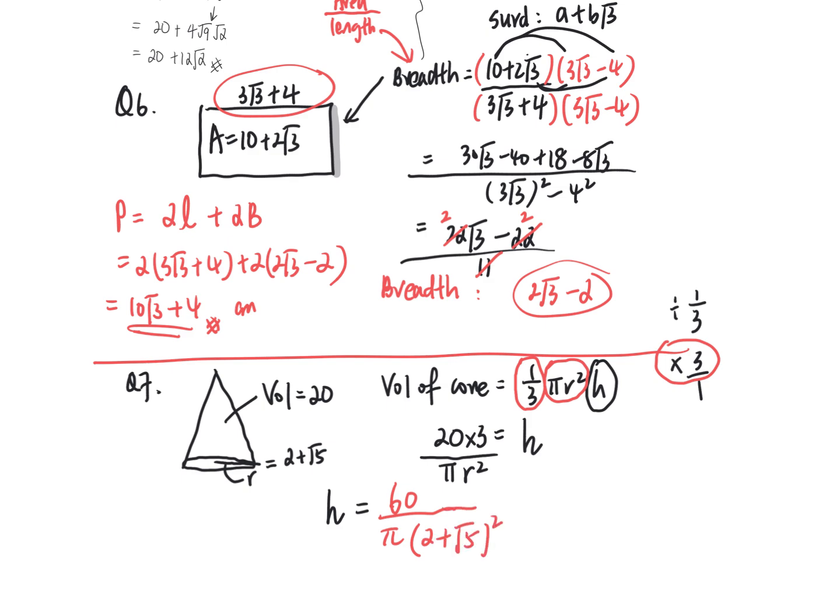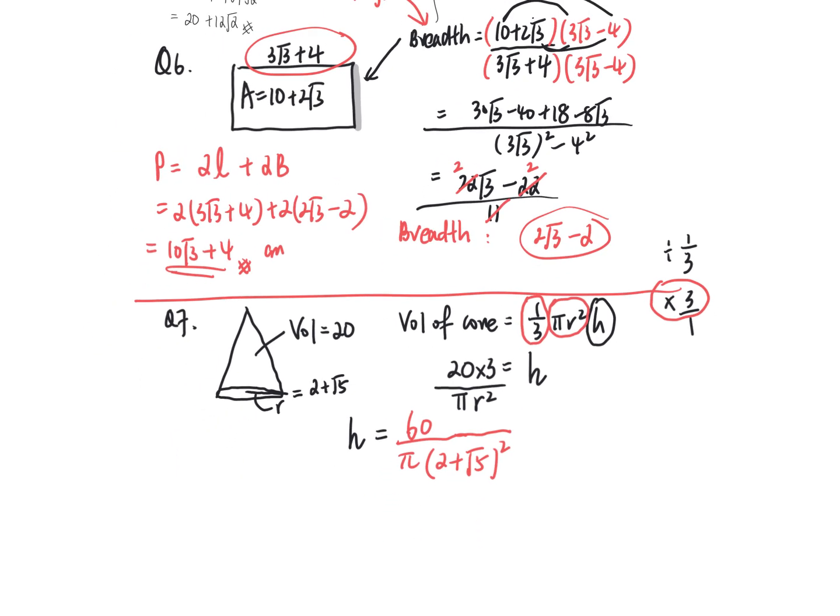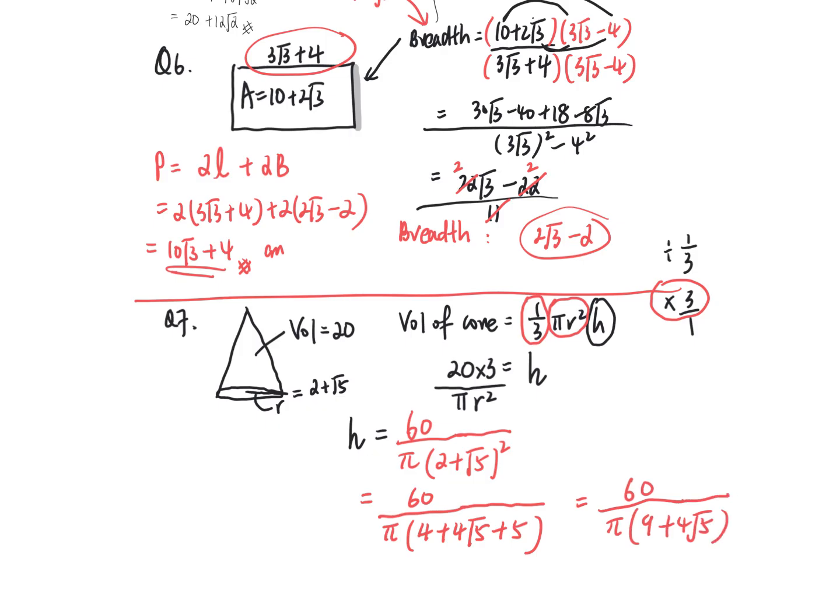So I go and simplify my height. This is a square plus 2ab plus b squared. So my expression should be simplified to be 9 plus 4 this. So this is my height.